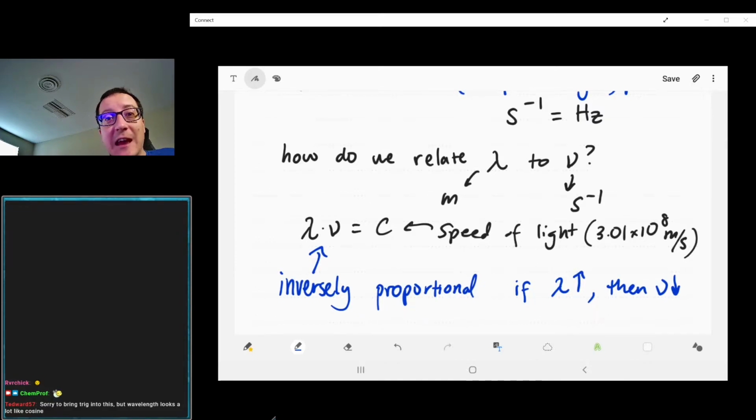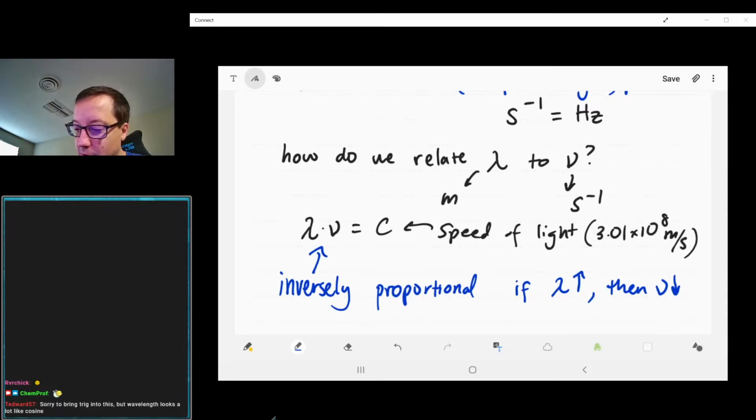So frequency is how often light can make that distance, how frequently that's happening. And so if your distance is longer, because light travels at the same speed, it's only going to be able to do that repetition fewer times per second. And conversely, if your wavelength is really small, you're going to be able to go through that wavelength quite a few times as you travel at the speed of light.